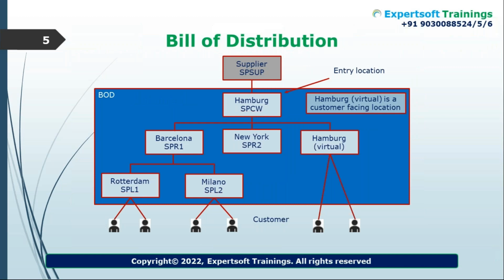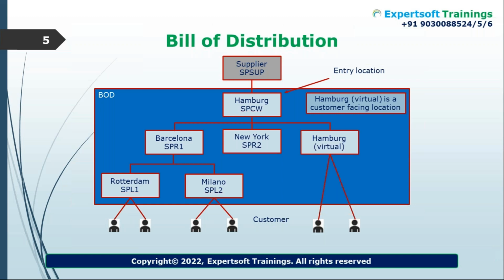Okay. So this is one of the major features of SPP, which is not available in APO. This is called a master data in SPP, bill of distribution. Here you can see there are several distribution centers that have a hierarchy of networks. We call it an entry location, child location and so on. And as per your business, this is the first criterion you need to set up: how does your total network look like?